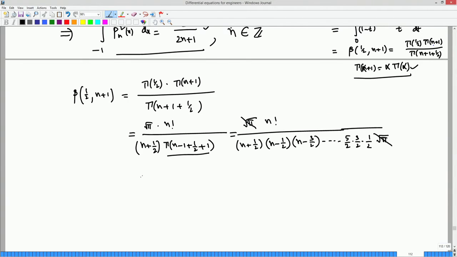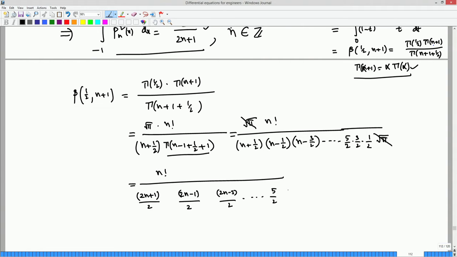So, you can easily see that this is going to be n factorial divided by 2n plus 1 over 2, then 2n minus 1 over 2, then 2n minus 3 over 2, and so on, 5 by 2, 3 by 2 and 1 by 2. This is what you have.